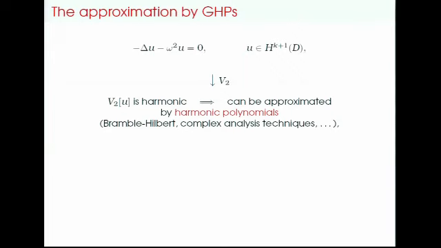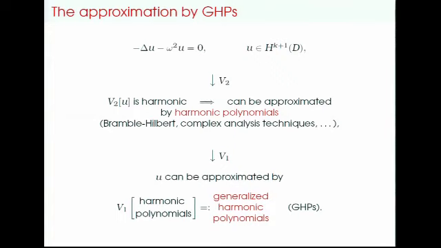Then we apply again the other operator, V1, and we recover the original function U. This function can be approximated by the image under V1 of these harmonic polynomials that are approximating V2 of U. And the image under this integral operator of the harmonic polynomials are called generalized harmonic polynomials.